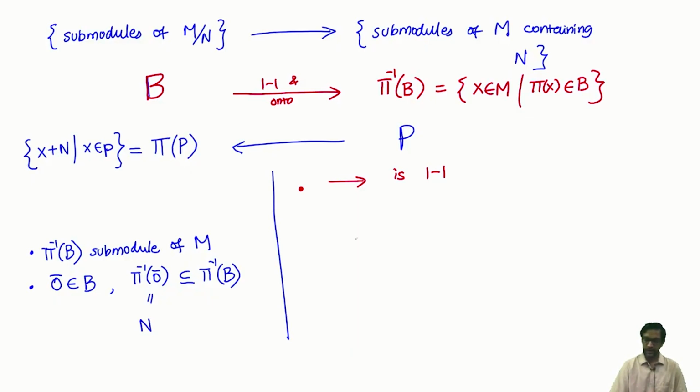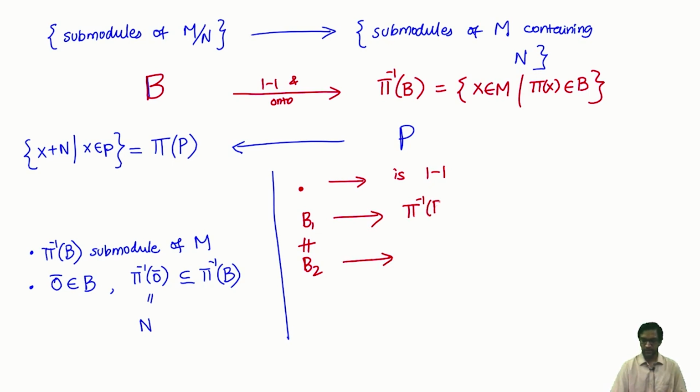I need to take two different elements, B1 and B2, two submodules of M mod N, and show that if they are distinct, their images are distinct. So I take B1 and B2, which are two different submodules of M mod N, and then I claim that their images are also distinct.